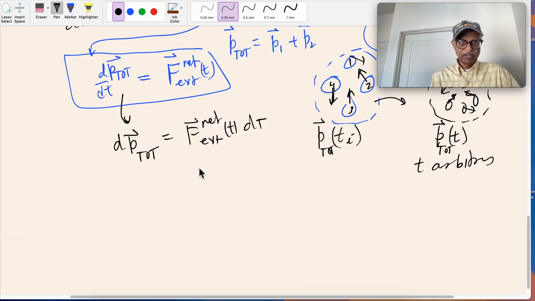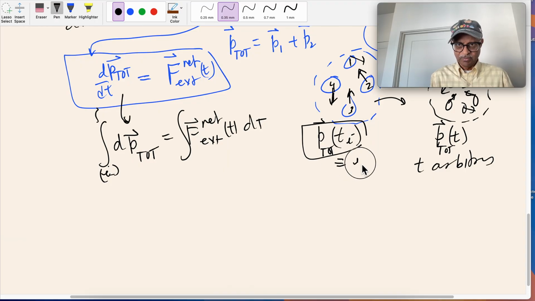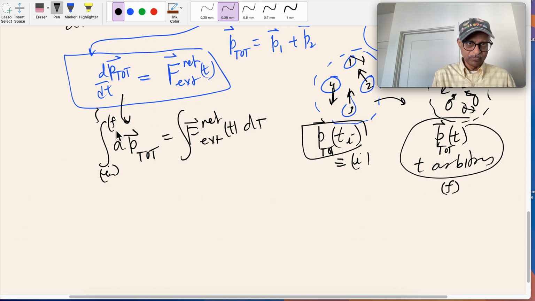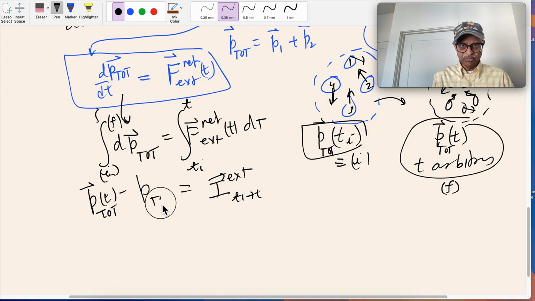So if I integrate this from some initial time, let's call it i, to some arbitrary time, let's call it f, from ti to t, the impulse of all the external forces is equal to p total at time t minus p total at the initial time.